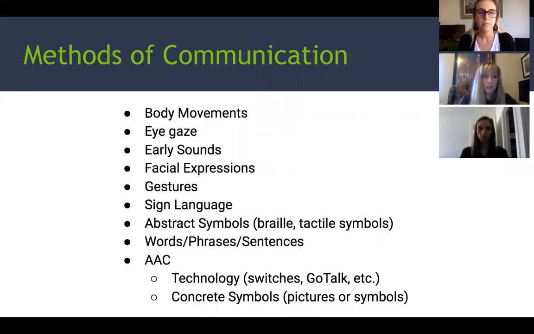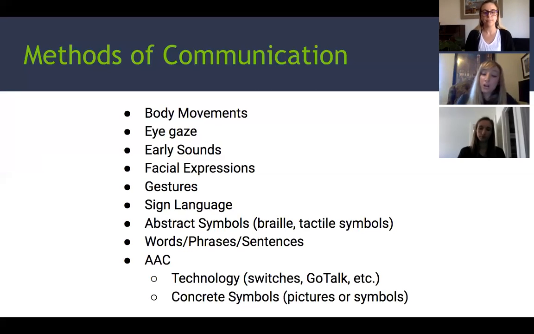Abstract symbols, which would look like braille or tactile symbols, or picture symbols that look like this. Words, phrases, or sentences, and that could be oral communication, words and phrases, like if they want a banana, saying banana, or a phrase, I want to eat the banana, or AAC with technology like switches or a GoTalk, or a static communication board, or using an iPad.